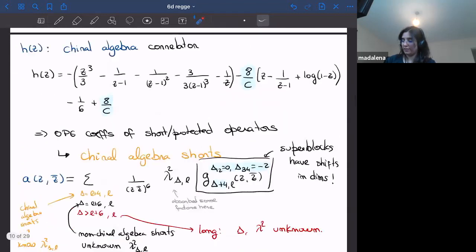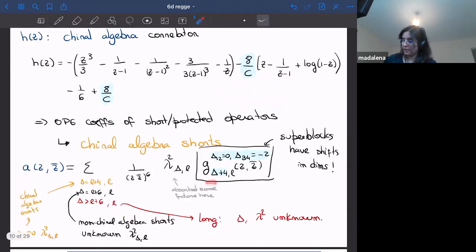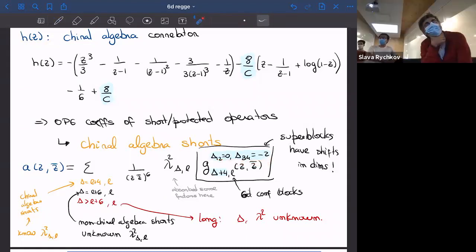So the tiny a's have a decomposition in blocks, and these are normal 6D conformal blocks here of Dolan and Osborne. Supersymmetry, the fact that it's a super block, just means that it's what requires you to have this funny thing here.